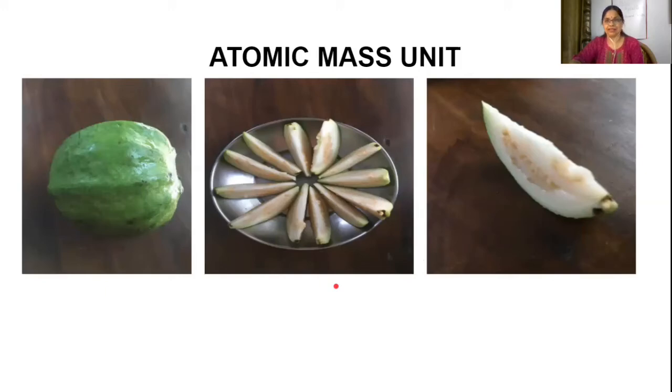The helium atom is equal to 4 atomic mass units. So if we take 4 pieces like this and compare it with the mass of helium atom, then helium atom will be equal to 4 of the 1/12 parts of carbon-12 atom.